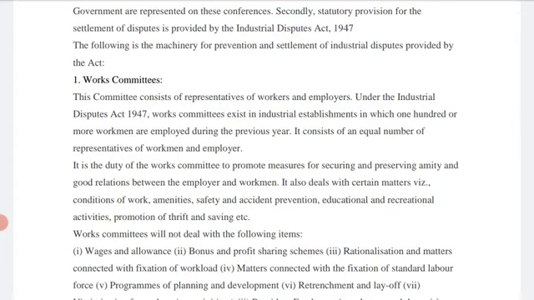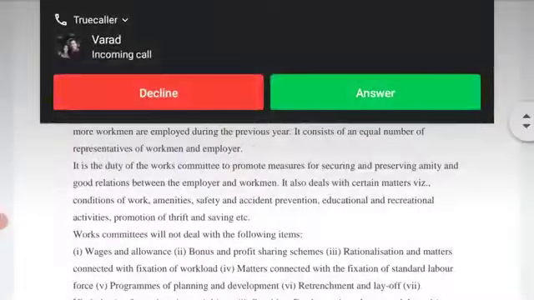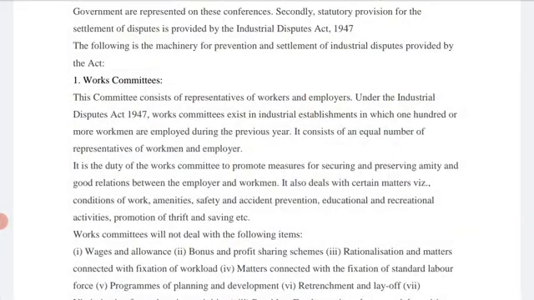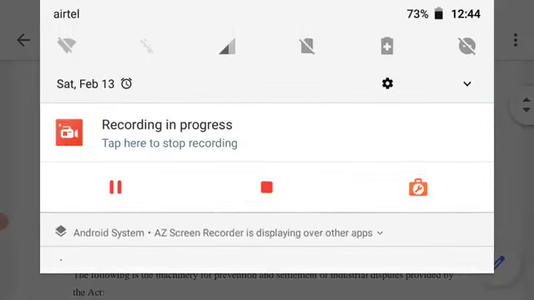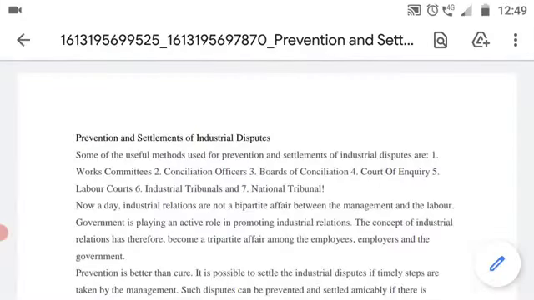Under the Industrial Dispute Act 1947, works committees exist in industrial establishments in which 100 or more workmen are employed during the previous year.